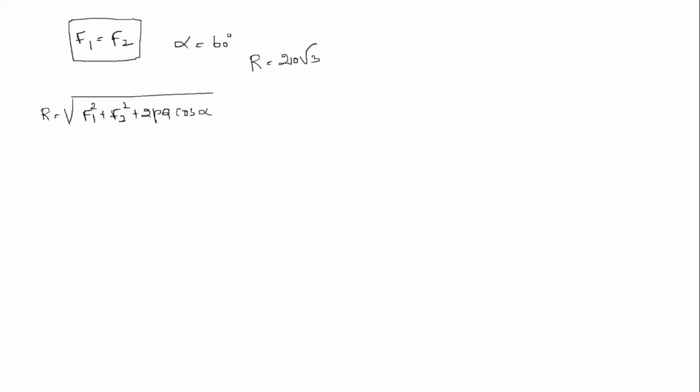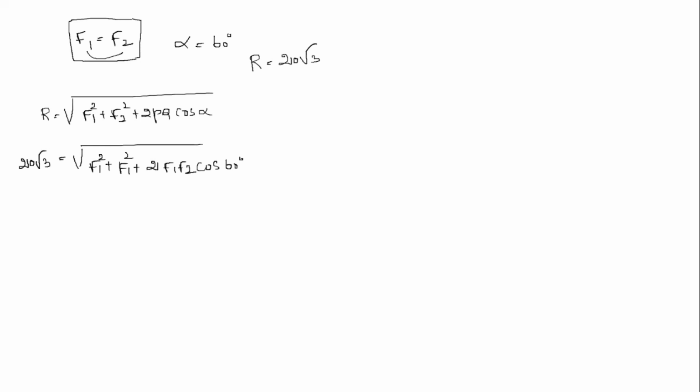Substitute the values: root of F1 squared plus F2 squared, and since F1 is equal to F2, I'll take F2 as F1, plus 2 into F1 F2 cos 60 degrees. So R is equal to 20 root 3, right?